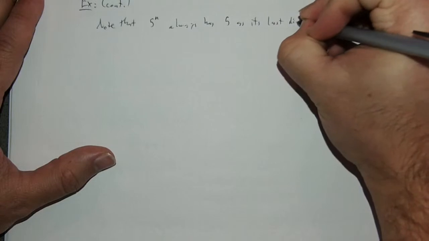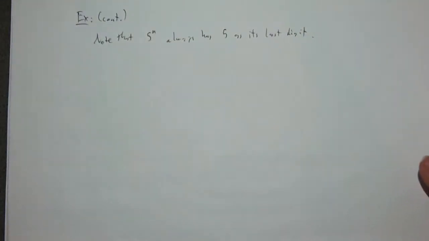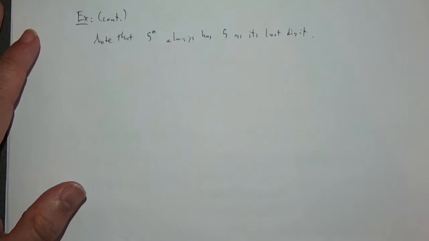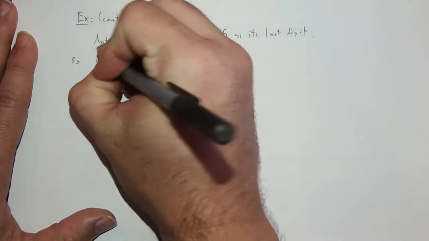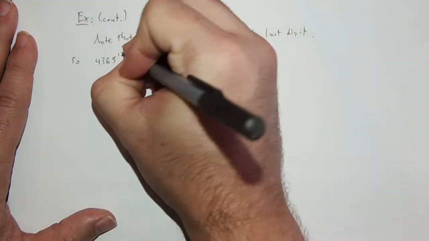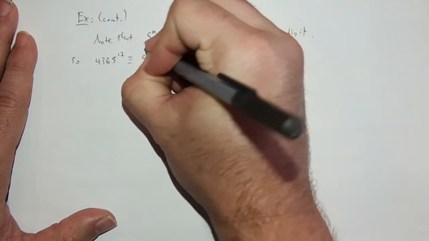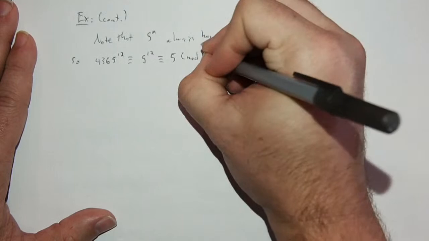That's easy enough. No thought had to be put into that. So 4,365 to the 12 is congruent to 5 to the 12, which is congruent to 5 mod 10.